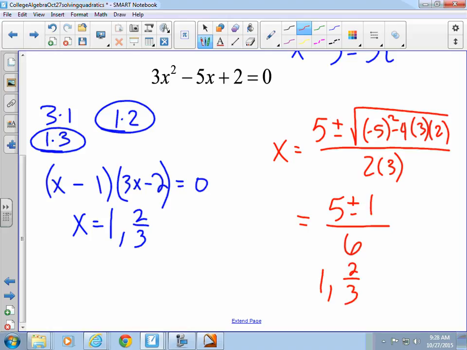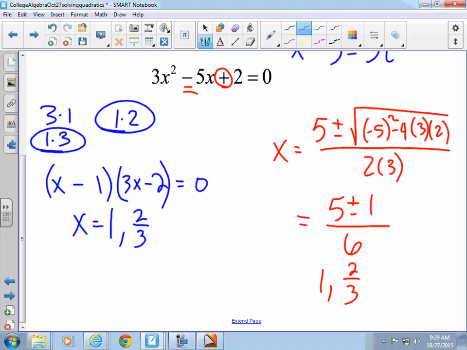Maybe next year. This is a plus sign, so they have to be the same sign. And I have to add it to negative 5.